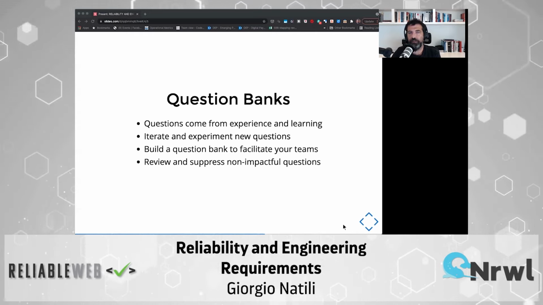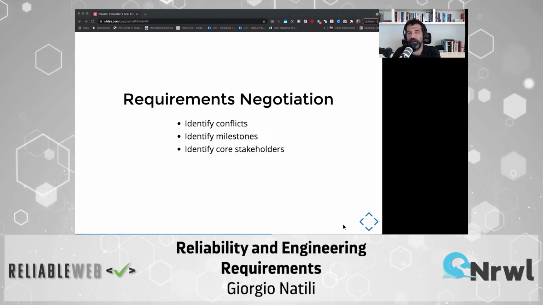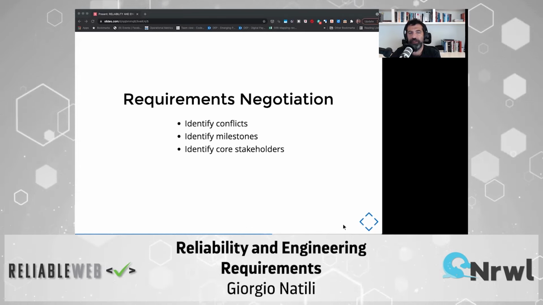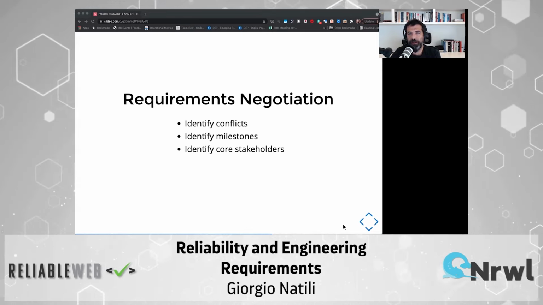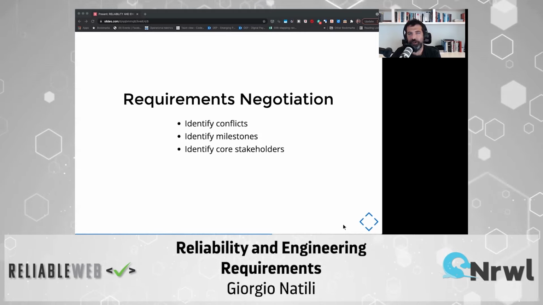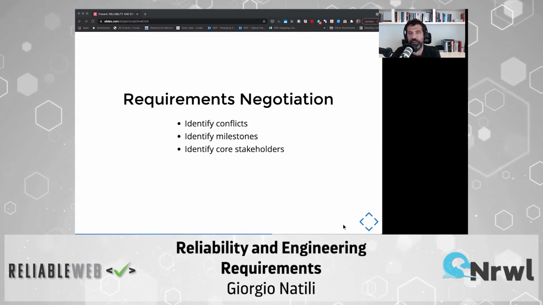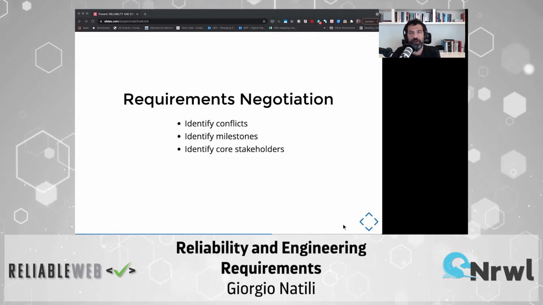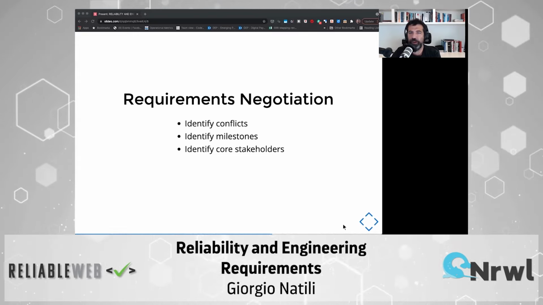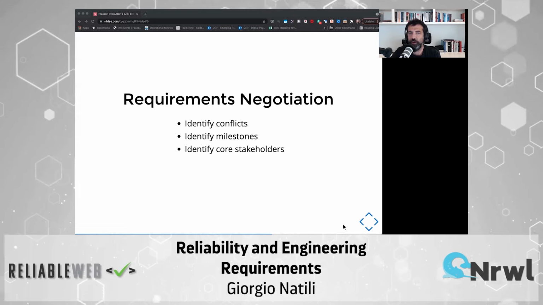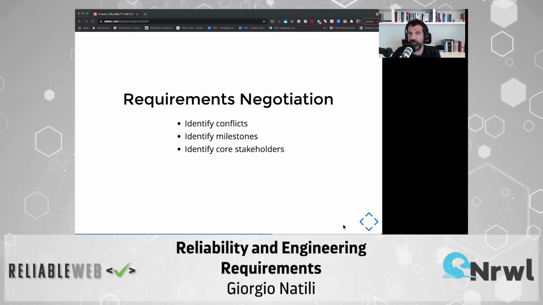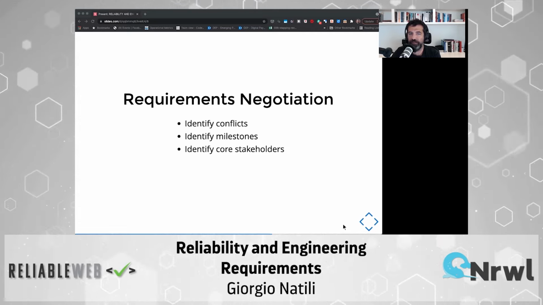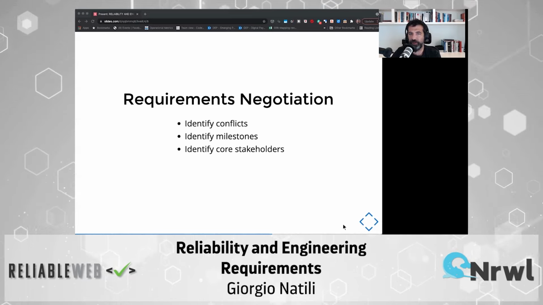All these questions are nothing more than your negotiation phase. When you negotiate a requirement, you are talking about the requirement and exploring different perspectives and different points of view. During the negotiation, you are able to identify conflicts between requirements, milestones, and core stakeholders.